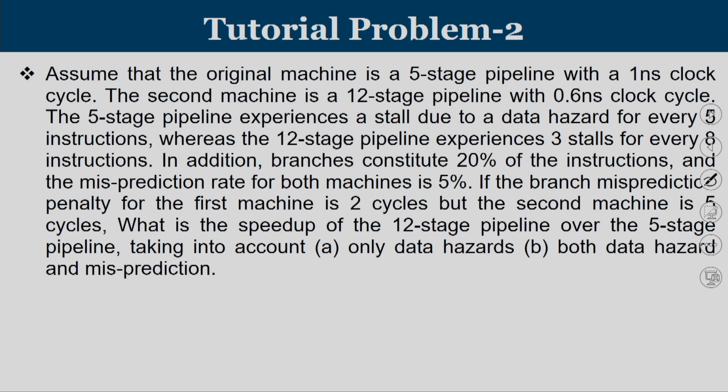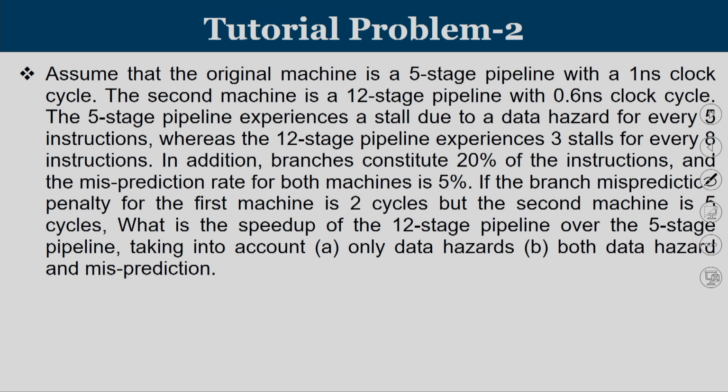In addition, branches constitute 20% of the instruction and misprediction rate for both the machines is 5%. If the branch misprediction penalty for the first machine is 2 cycle and for the second machine is 5 cycle, what is the speed up of the 12-stage pipeline over the 5-stage pipeline, taking into account only data hazards and both data hazards and misprediction?